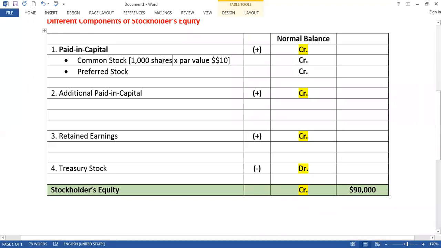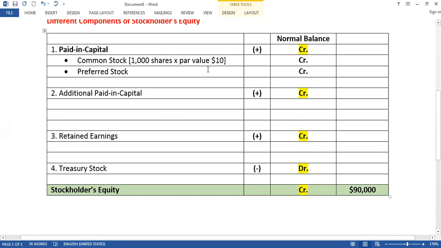Company sells 1,000 shares, and each share price is $10. The par value. Par value means the value mentioned on the price of the share. For example, this is a share. So here there is something mentioned, the price. So this is called the par value.